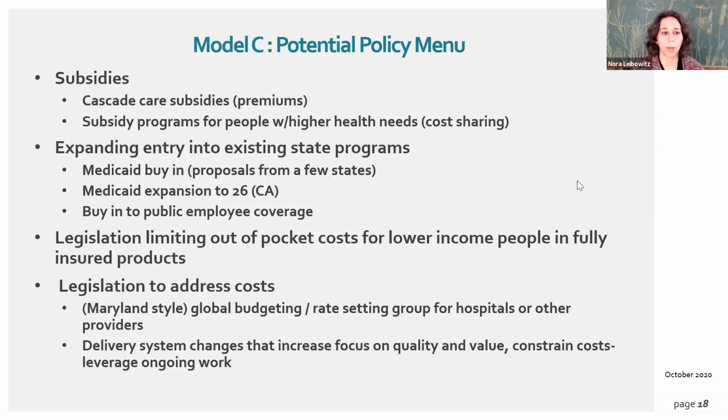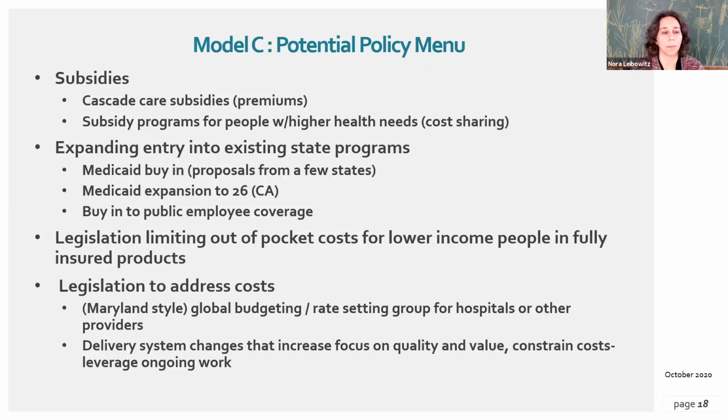Thinking about other ways of expanding access for individuals who don't have access to affordable coverage right now, including a Medicaid buy-in, which is something a number of states have been talking about and exploring.